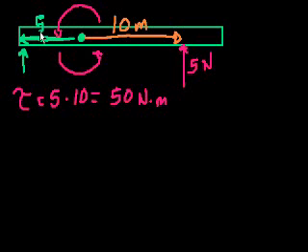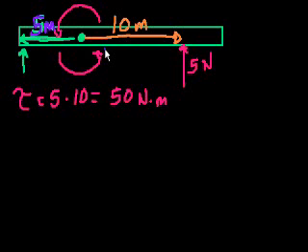That's 5 meters to the left of the pivot point. So let me do a different color. This is 5 meters to the left of the pivot point. And if I were to tell you that the object is not rotating, that means that the net torque on this ruler must be 0, because its rate of change of rotation is not changing.